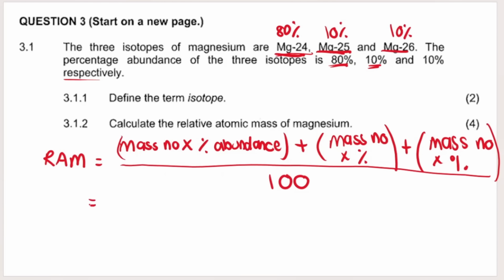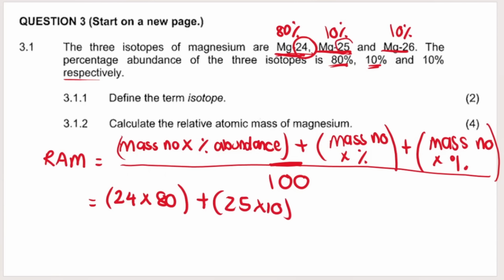Okay, so let's do it. We take the mass number of the first one, which is 24, times it by the percentage abundance, which is 80. I know it's 80%, but we don't put the percent sign in over here because we're already dividing it by 100, which takes into account the percentage. Then we add 25 times 10, because you take your mass number times the percentage, plus 26 times 10.